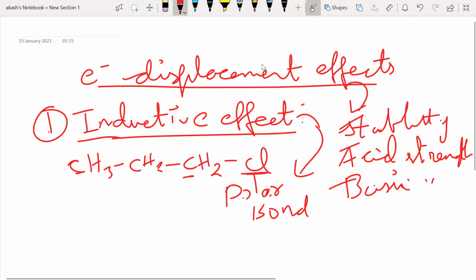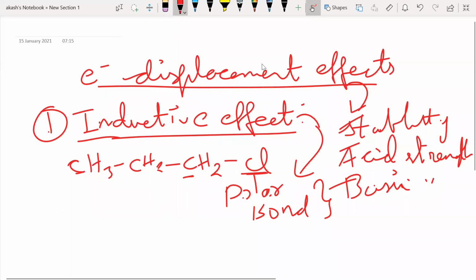I'm asking you, what do you mean by this? When do you decide that the bond is polar? Based on what?